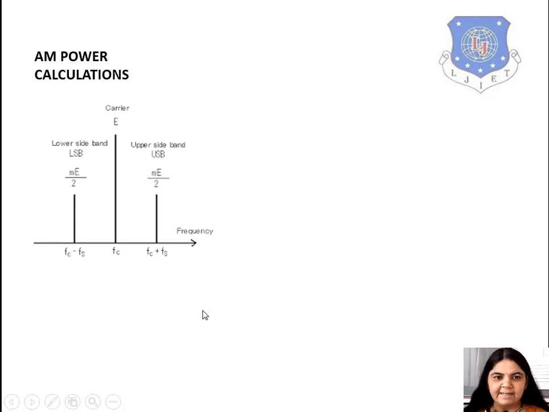So I said that the AM signal has three components: one is the carrier, another is the lower sideband, and the third is the upper sideband. So the transmitted power required is the total of the power transmitted for the carrier, the power required for the transmission of the lower sideband, and the power required for the transmission of the upper sideband.